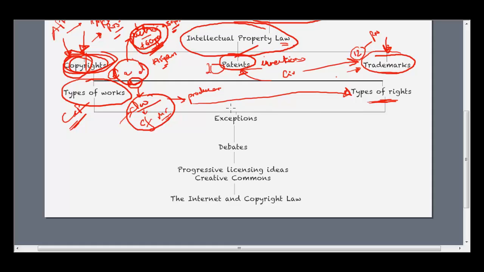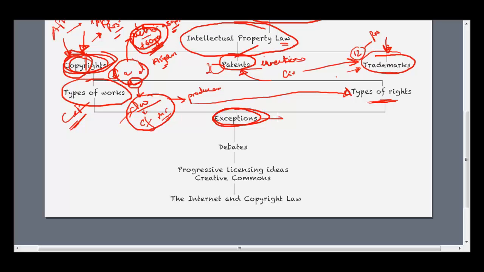There are, however, certain exceptions that are provided under the law. What are these exceptions? These are exceptions to the monopoly of the owners of copyright.